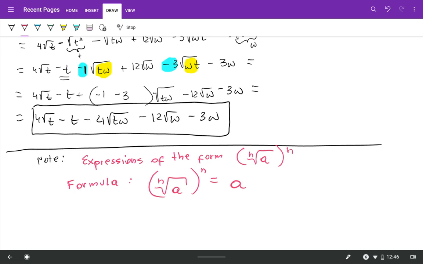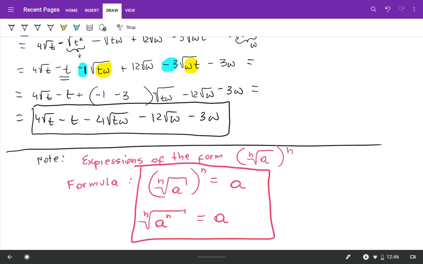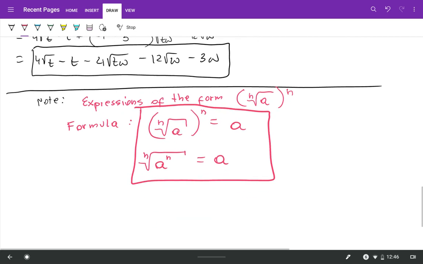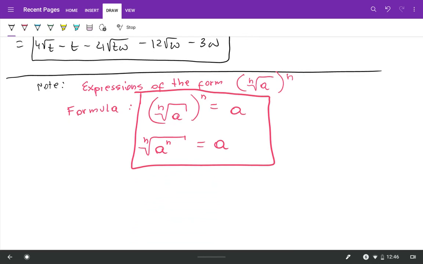Also, this is the same thing as radical of index n of a to the power n, if you put that power inside the radical with the radicand. When the index and the power match, the solution will be a. Use it all the time when you see it. You can simplify a lot of stuff. So we're going to apply that in examples.